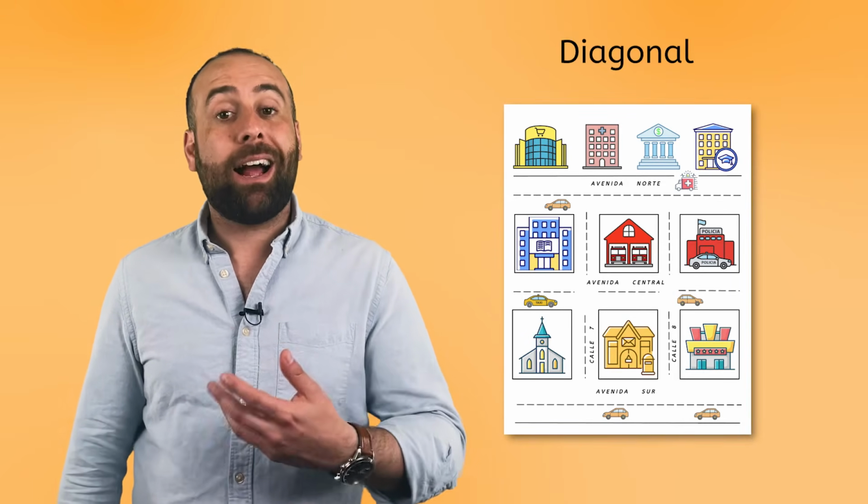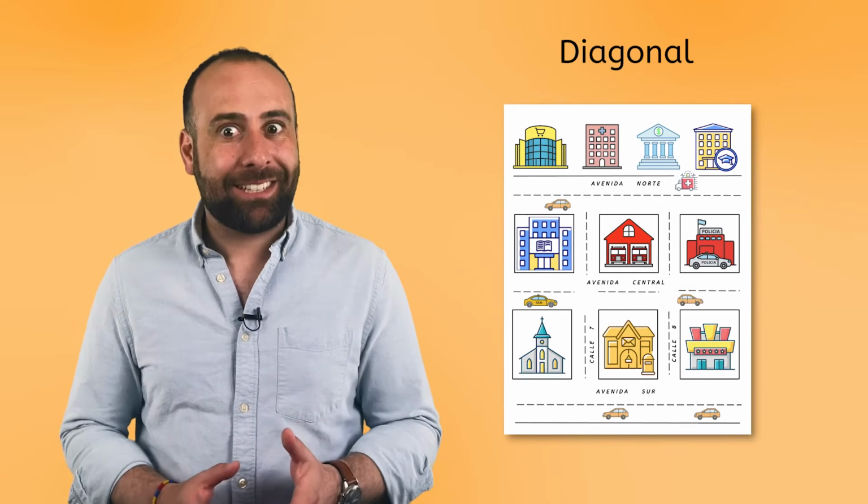Great. So I got to the bank, but now I need to go from there to the police station. You can see on the map that the police station is not next to nor in front of the bank. It's on a different angle. So you're going to say, la estación de policía está diagonal al banco.